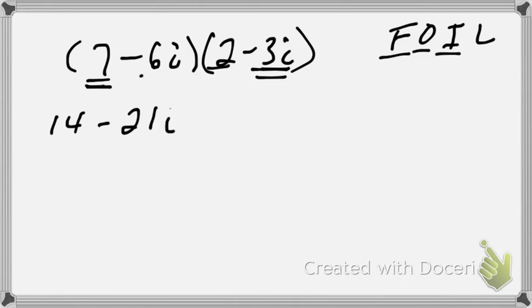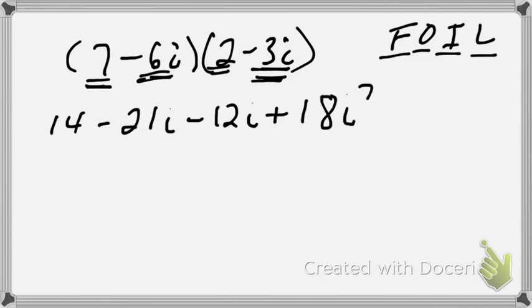The I, what's inside? So negative 6i and 2, that's negative 12i. And then the L stands for multiply what's last. So negative 6i and a negative 3i, that's going to give us a positive 18i squared. Now, let's combine.